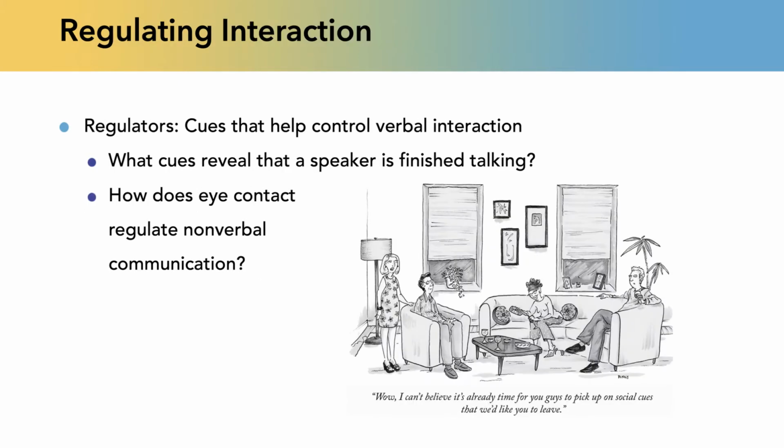Okay, let's look at the second one. Second one is regulating interactions. There are various cues that help us know when it's my turn to speak or when I want you to speak. For example, in the classroom, I'll ask you a question, and when I'm done, I might raise my eyebrows because that's about the only part of my face that you could see. And someone would raise their hand and say something.